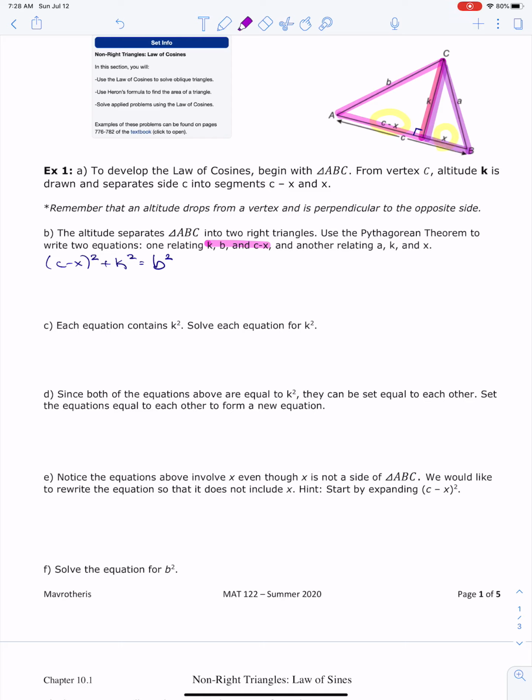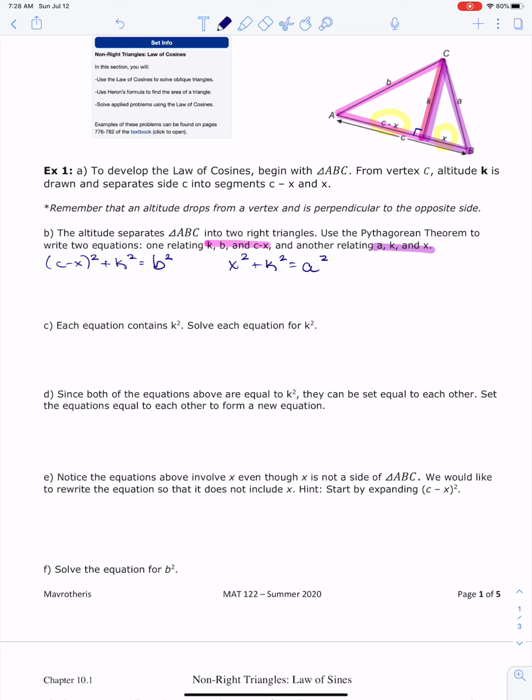We've got legs X and K, and hypotenuse A. And so we're going to write that as X squared plus K squared equals A squared.